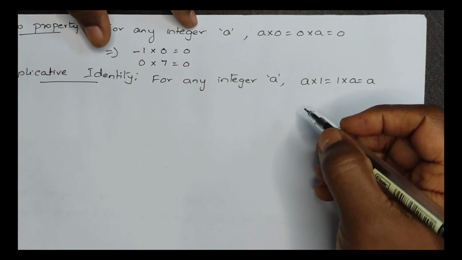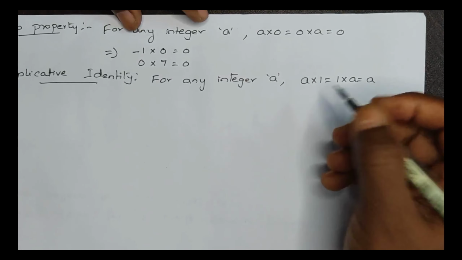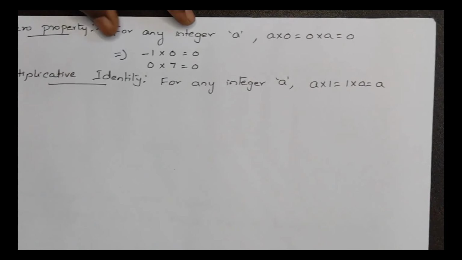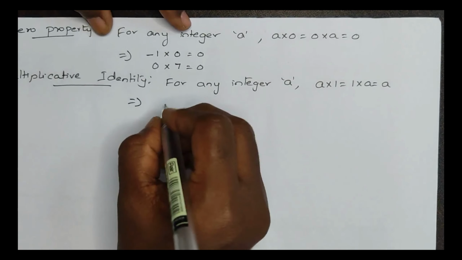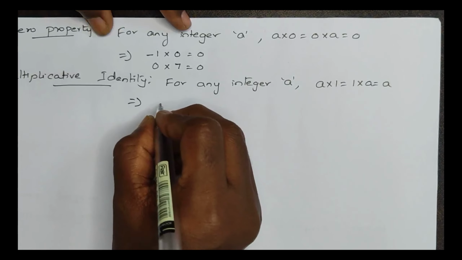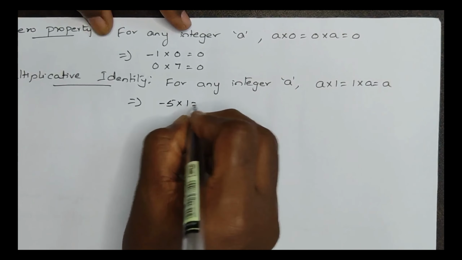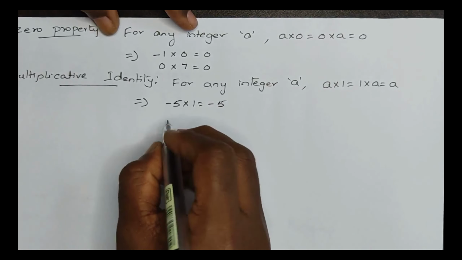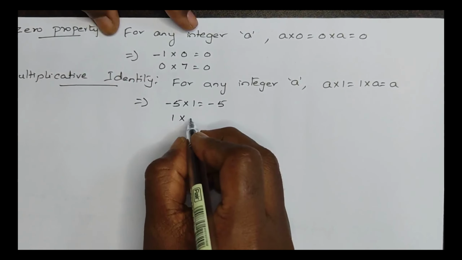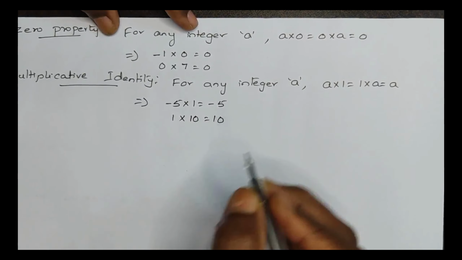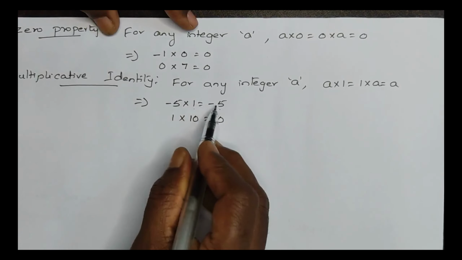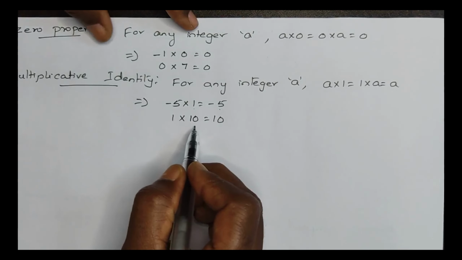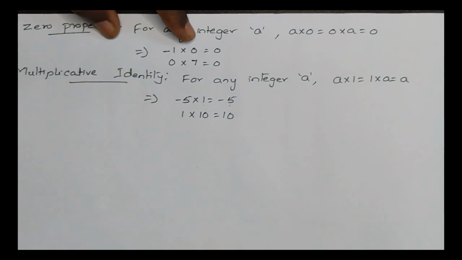So when you multiply any value with 1, it gives you the same number as the answer. For example, −5 × 1 is −5, and 1 × 10 gives you 10. So when you multiply −5 with 1, it gives the same number, and 1 with 10 gives the same number.